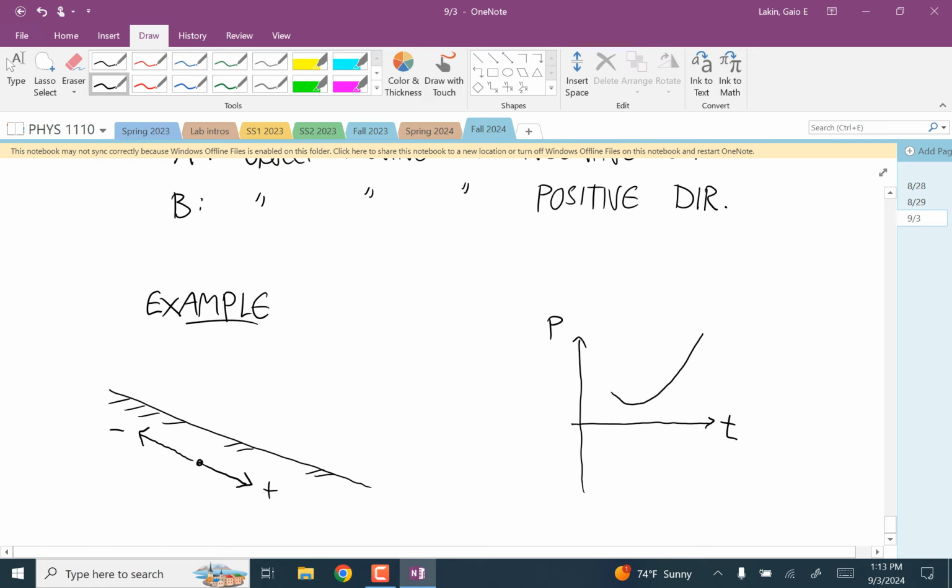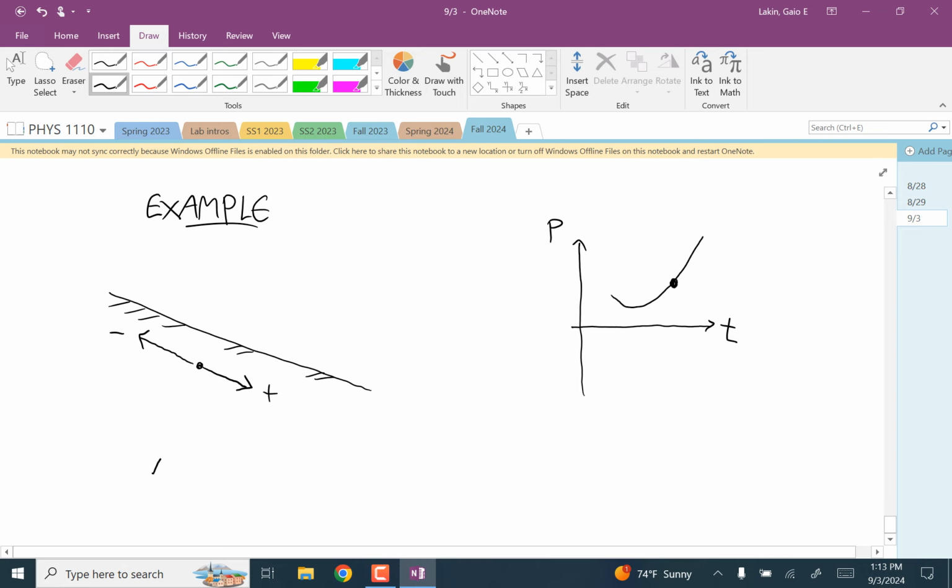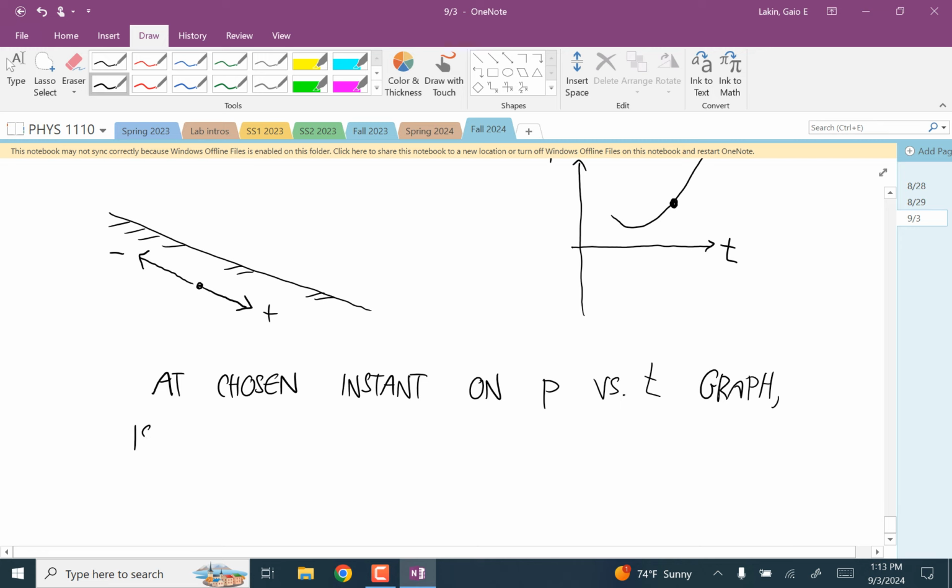And let's identify this point here. And the question is, at the chosen instant on the position versus time graph, is the object moving up or down the ramp?